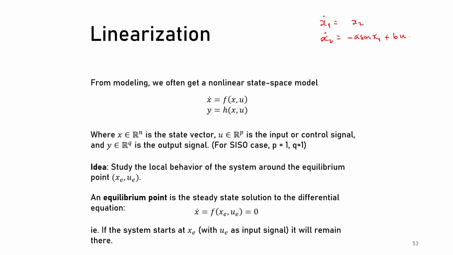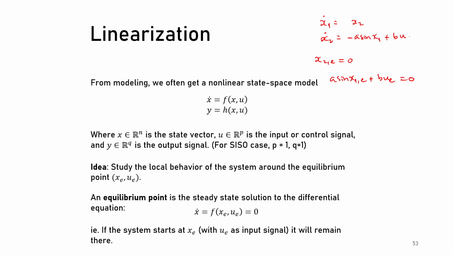So the equilibrium point: for the first equation, h2 equal to 0, and for the second equation I have a sine h1 equilibrium plus bu equilibrium equal to 0.